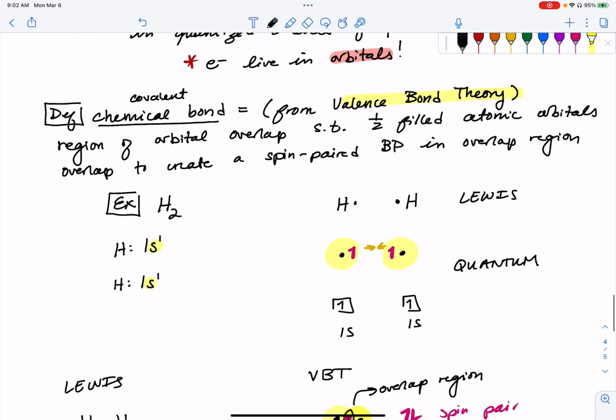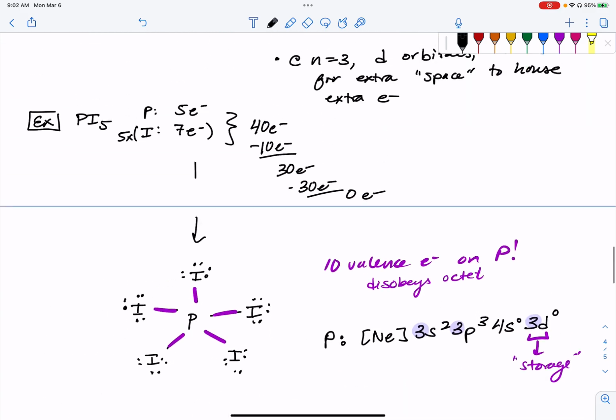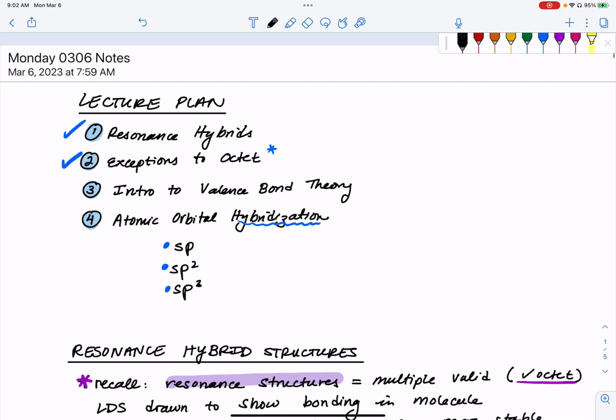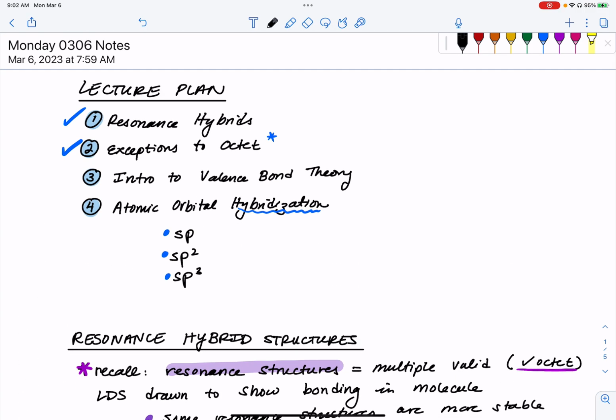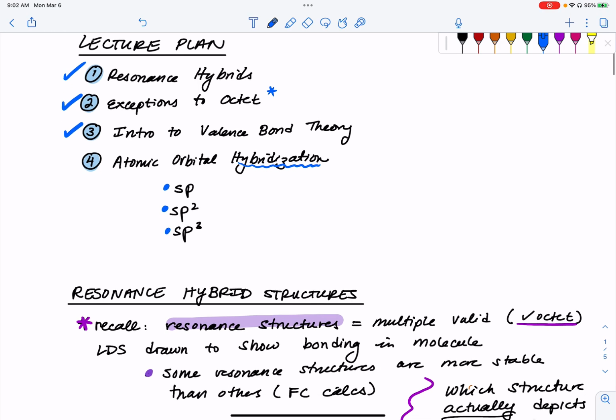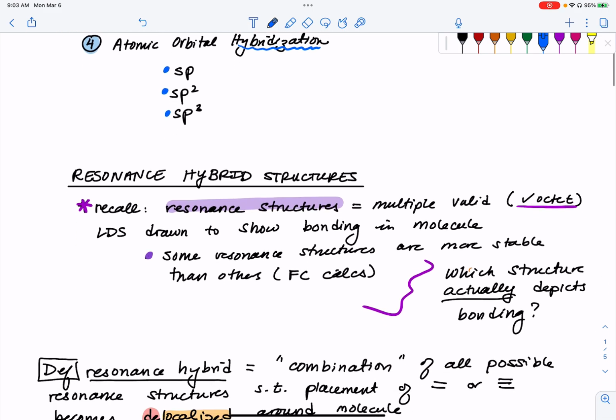So in our next video, we are going to think about the results that arise when looking at valence bond theory for atoms that are a little bit more complex than hydrogen, right? Hydrogen just had that 1s orbital. Here we're going to look at this concept of atomic orbital hybridization.